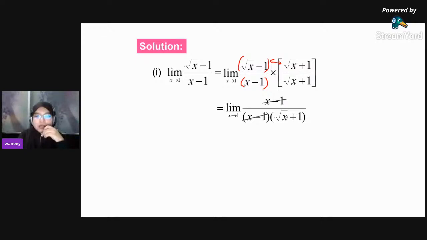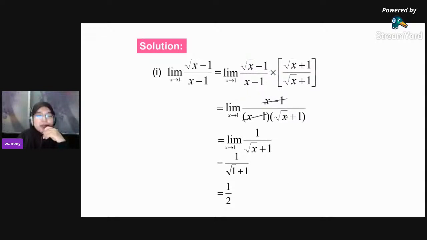So cancel those two. We are going to end up with the limit as x approaches 1 of 1 over square root of x plus 1. And then replace the value of x. So we are going to get 1 over square root of 1 plus 1, which is simply equal to 1 over 2. Okay, so that is for the first one.